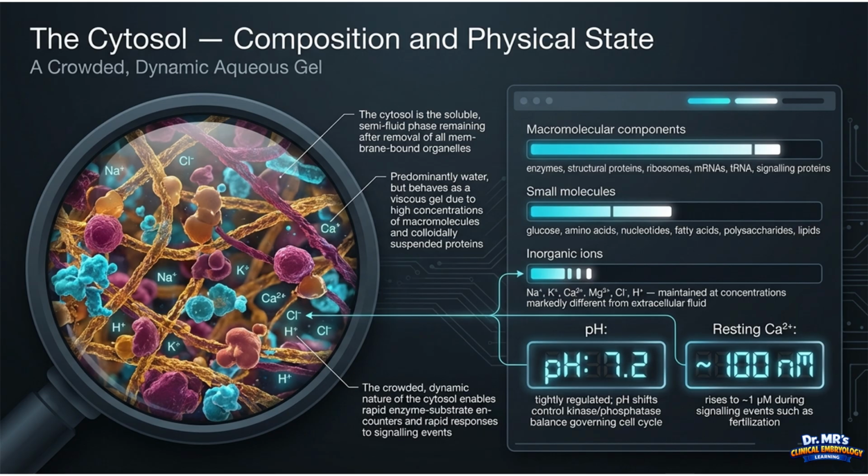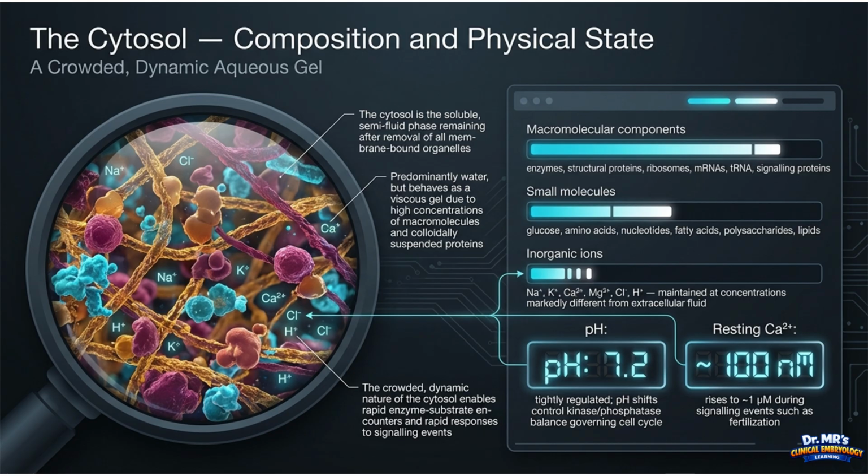The cytosol is predominantly water, but calling it watery is deeply misleading because it behaves as a viscous, crowded gel. The reason for this is the extraordinary concentration of macromolecules it contains. Enzymes, structural proteins, ribosomes, messenger ribonucleic acids, transfer ribonucleic acids, and signaling proteins are packed into the cytosol at concentrations so high that there is very little free water.